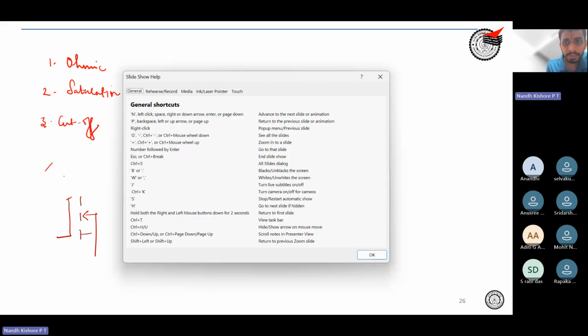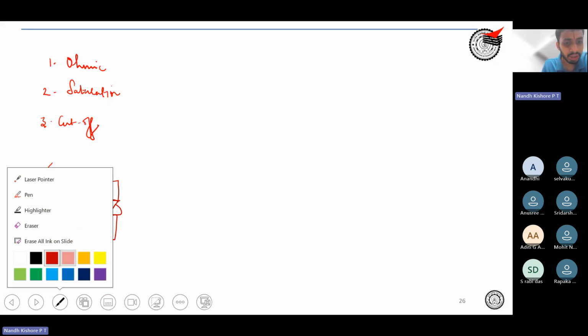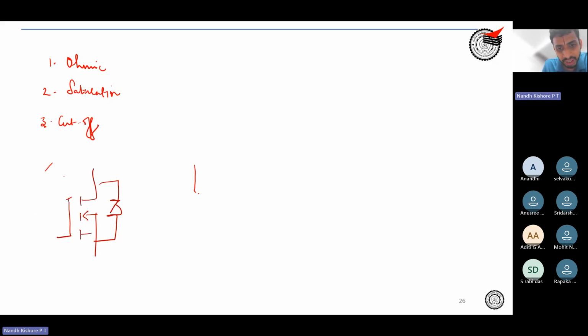So this is your device. When it is in ohmic region, it is like a resistor, RDS on. When it is in cutoff region, it is like a switch which is blocking some voltage.